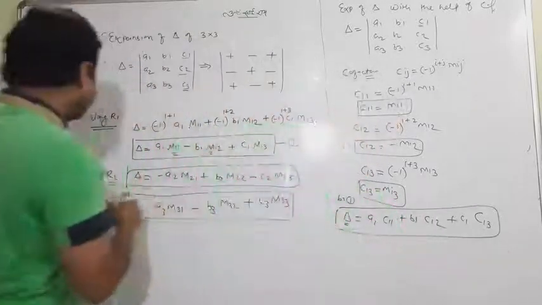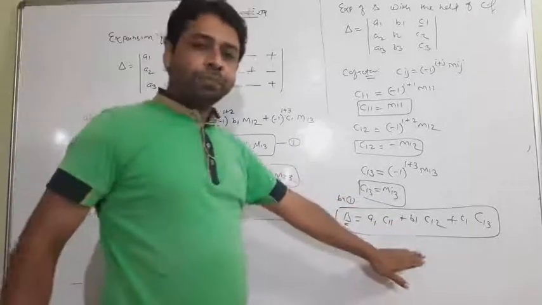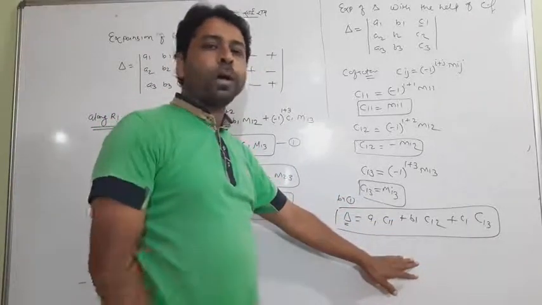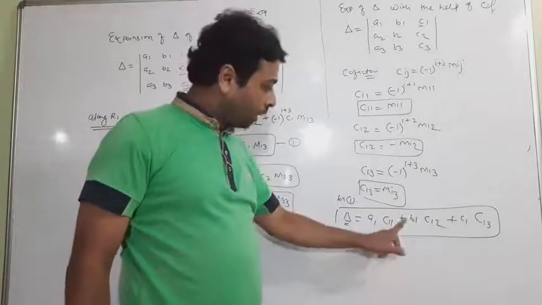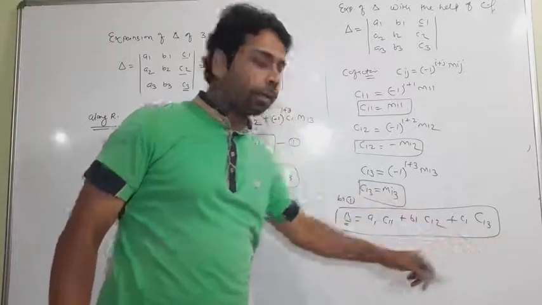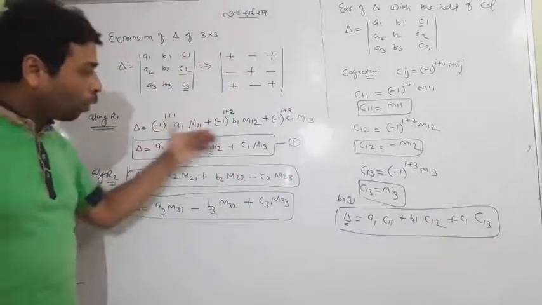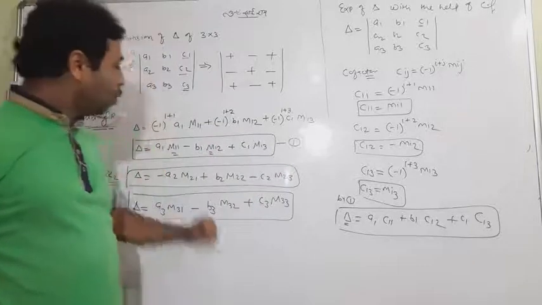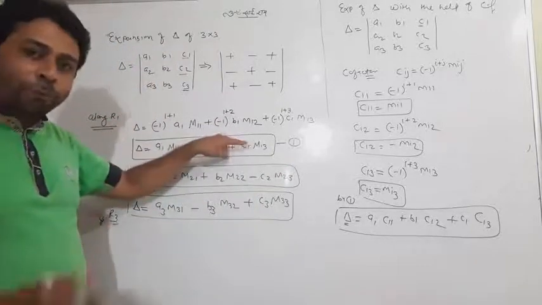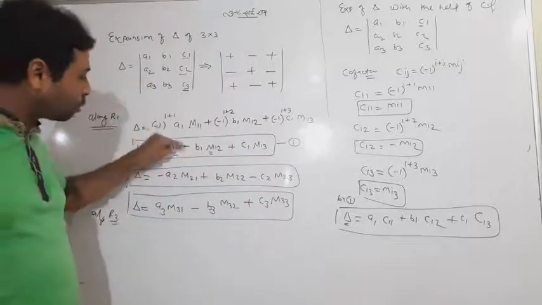This is along R1 the formula for expansion of the determinant, this time with the help of cofactor. That was with the help of minor. Now what comparison have you done here? When you go with the help of minor, you have to go plus, minus, plus.